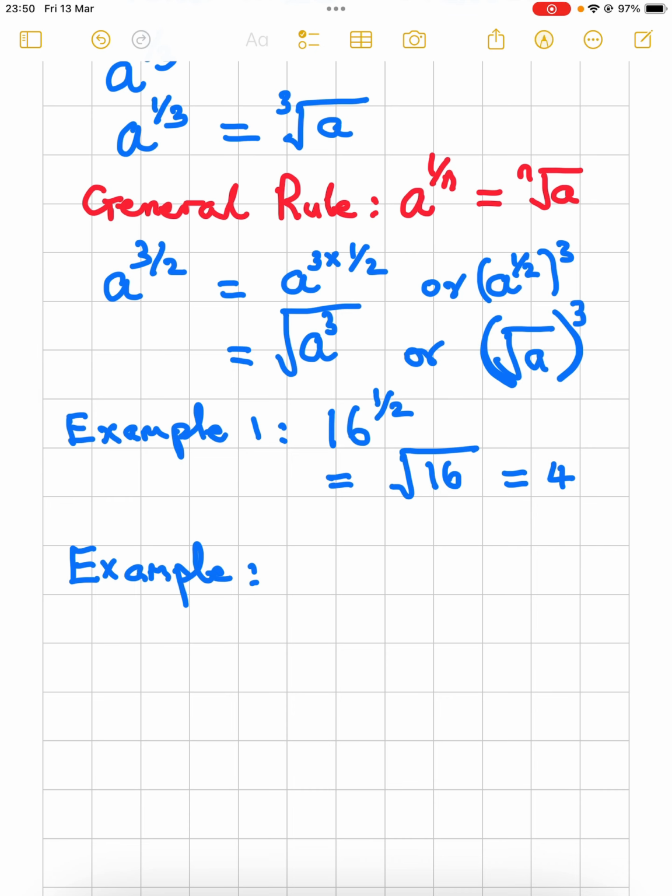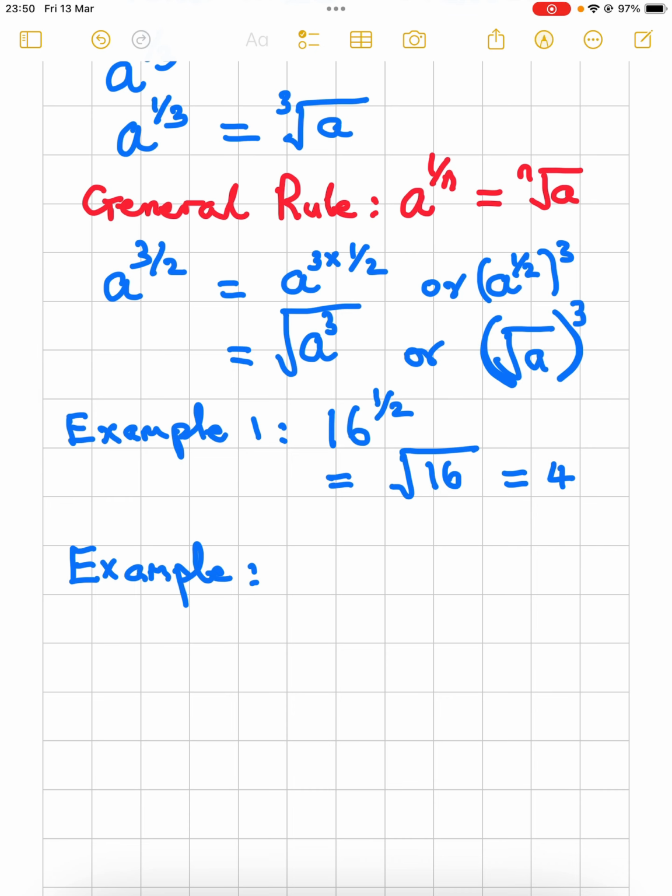This is the cube root of 8 raised to power 2, which is the cube root of 64, which is 4.